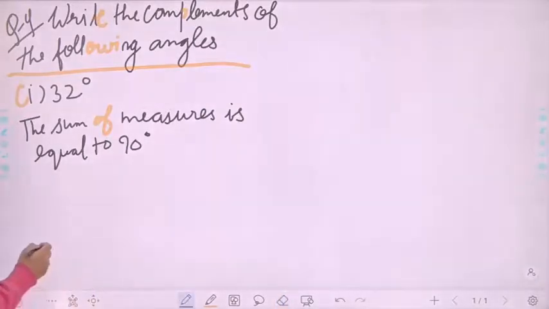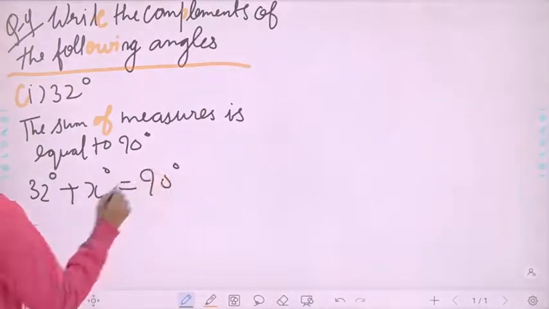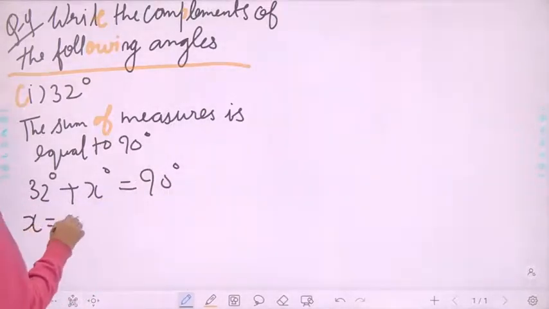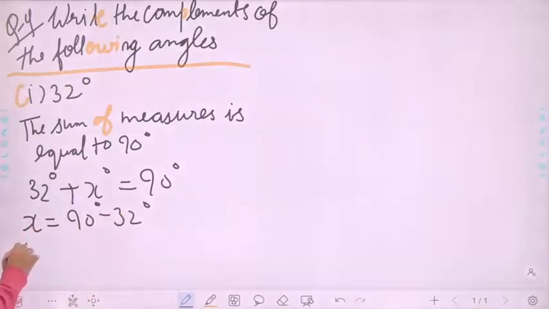That is 32 degree plus x degree equals to 90 degree. X equals to 90 degree minus 32 degree. It will be 58 degree. Okay students, now move to the next part, that is 57.